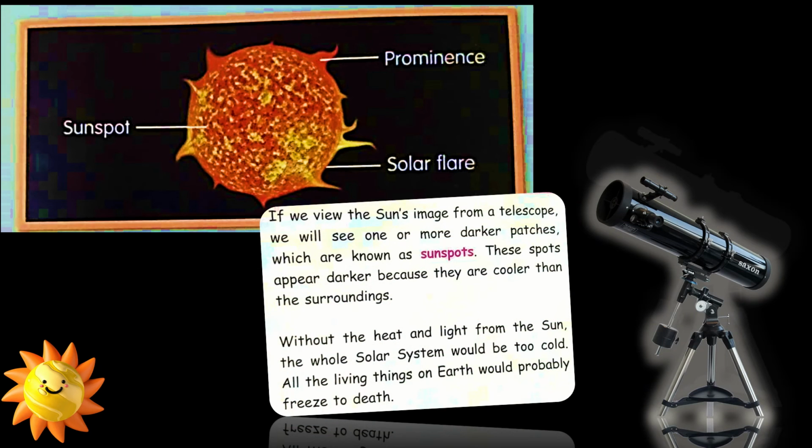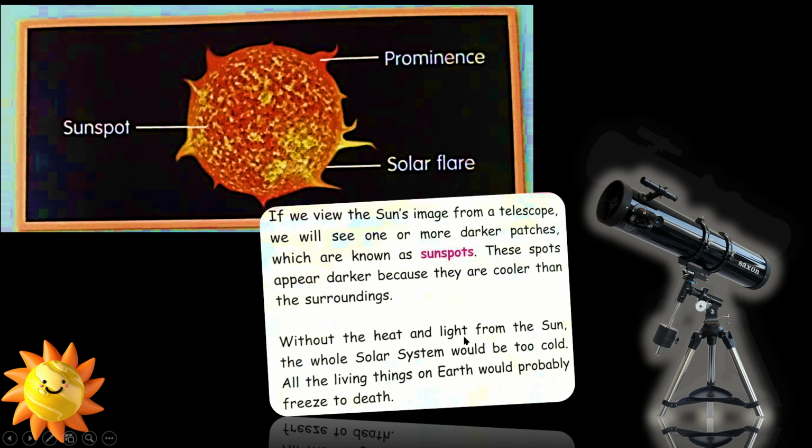So if we view the sun's image from a telescope, this one, we will see one or more darker patches like this one, the dark patches, which are known as sunspots. Sunspots. Okay, so these spots appear darker because they are cooler than the surroundings, like what I show you about the lighter.